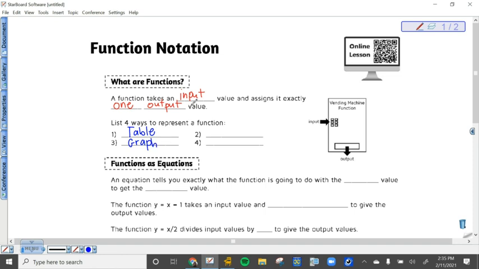We can represent a function by mapping it out, or by listing ordered pairs. An equation tells you exactly what the function is going to do with the input value in order to get the output value.